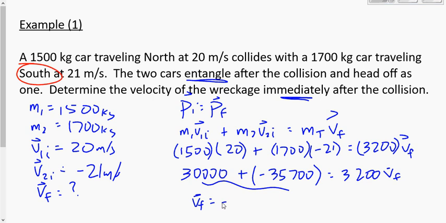Thank you, Jacob. Negative 1.8 meters per second. It is negative, means that, hey, we have one car going north, one car going south. Afterwards, the combined wreckage goes south, right? Make sense?